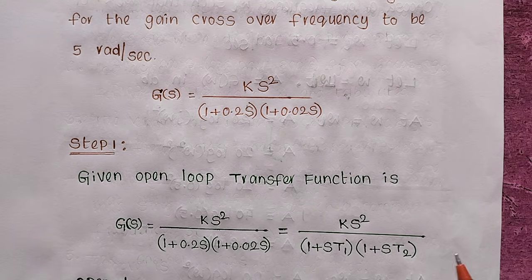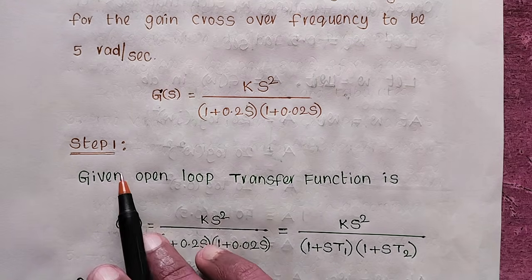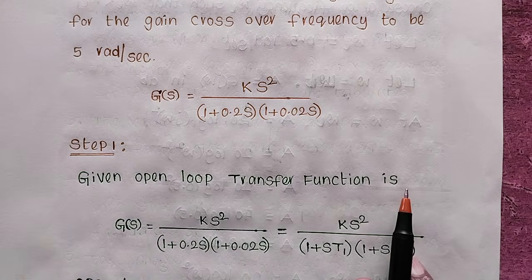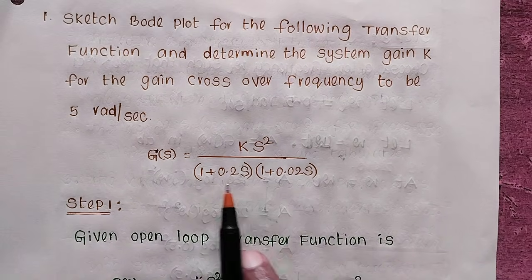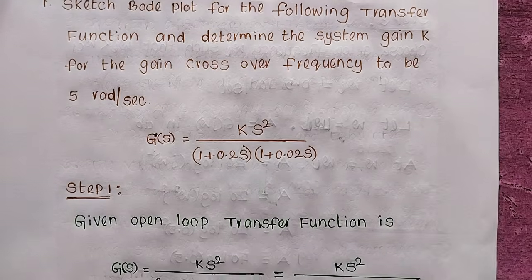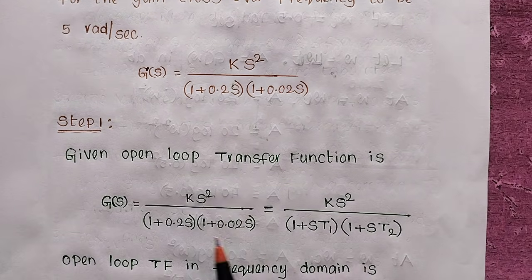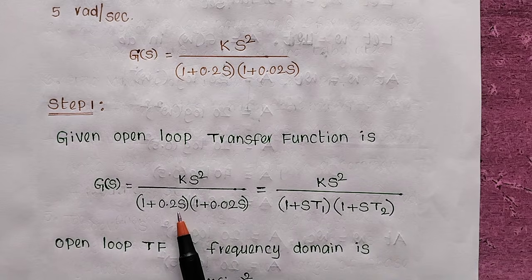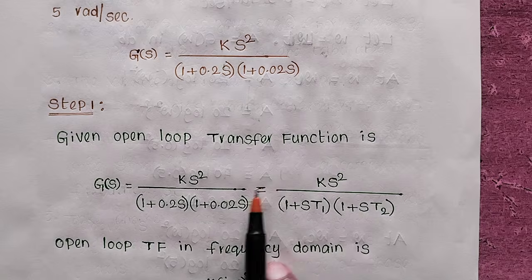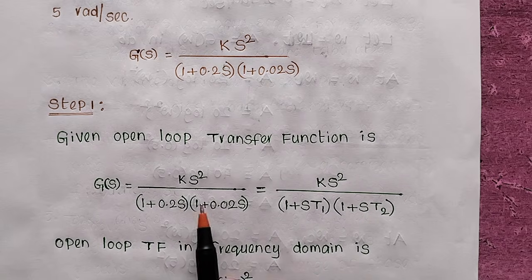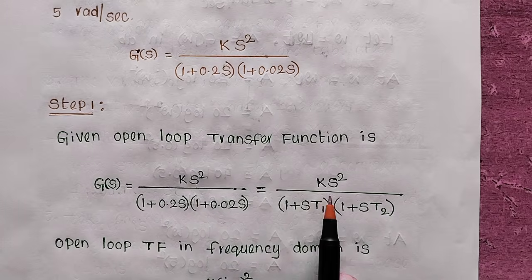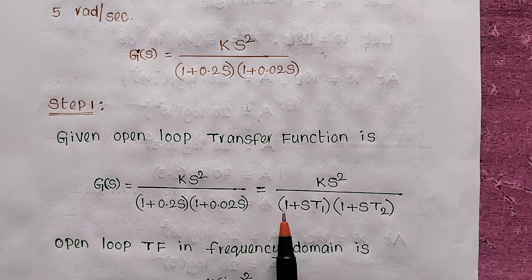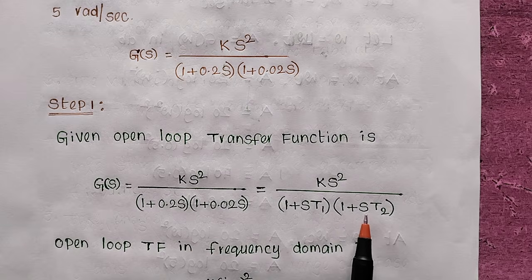Step 1 to draw the magnitude plot: the given open loop transfer function. Whatever the open loop transfer function is given, we write the same. G of s equals K s square by (1 plus 0.2s) into (1 plus 0.02s). Here we have to write this in time constant form, K s square by (1 plus s T1) into (1 plus s T2).